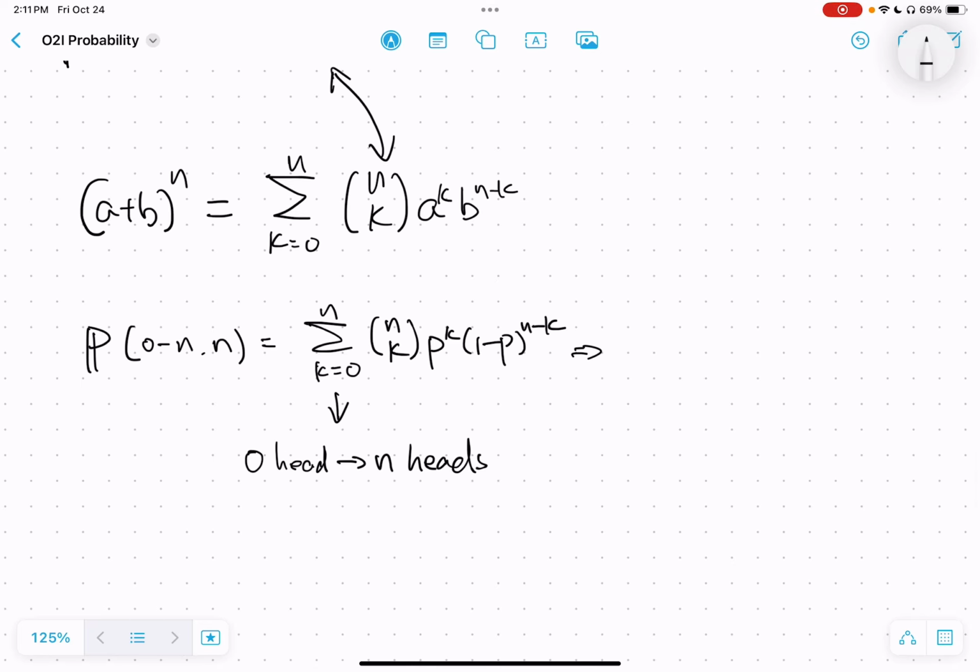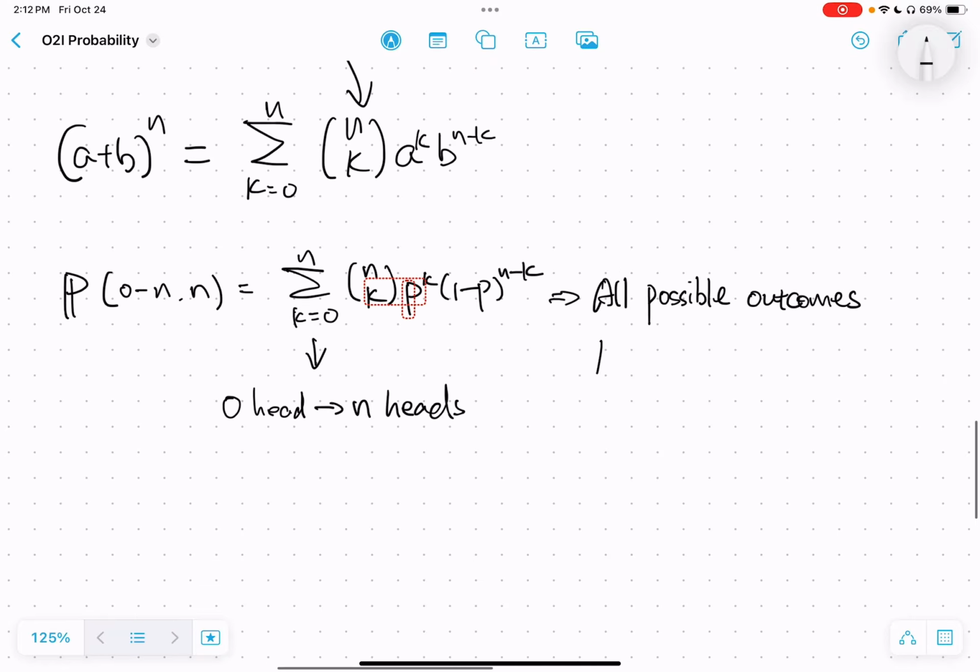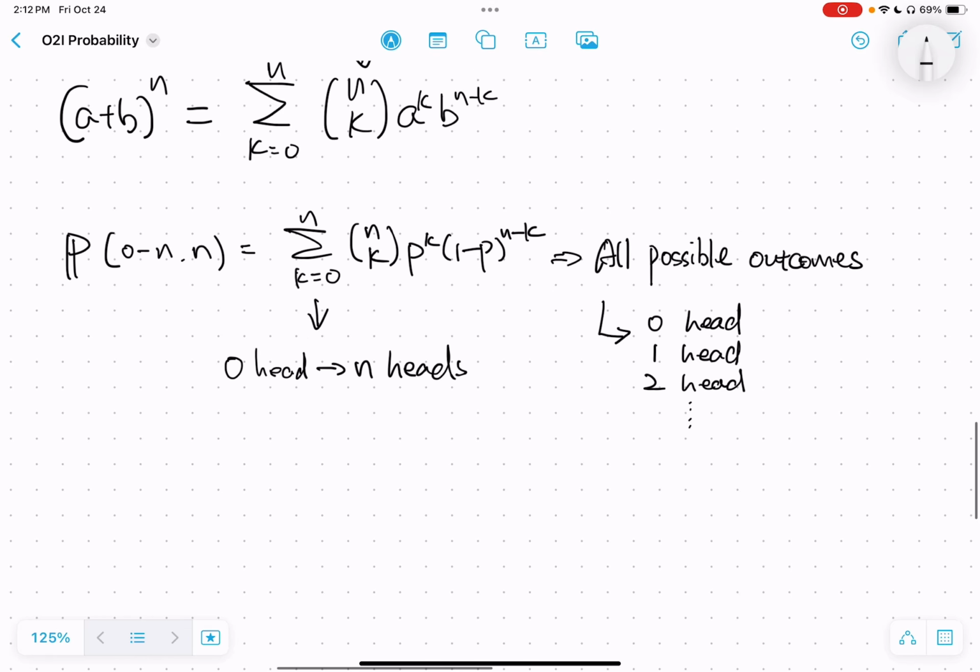It represents the probability of all possible outcomes, because we have from 0 heads to 1 head to 2 heads to n heads.